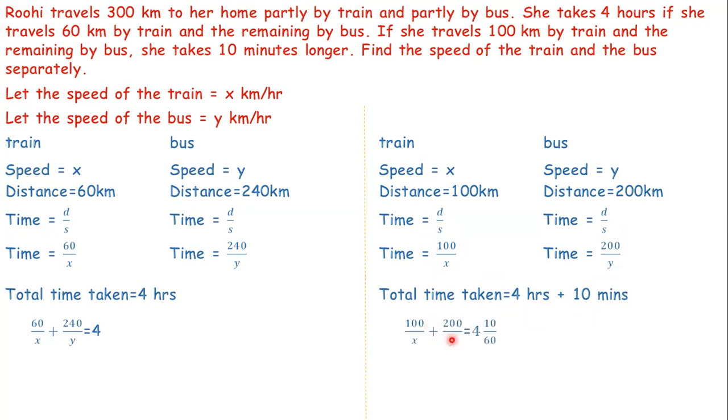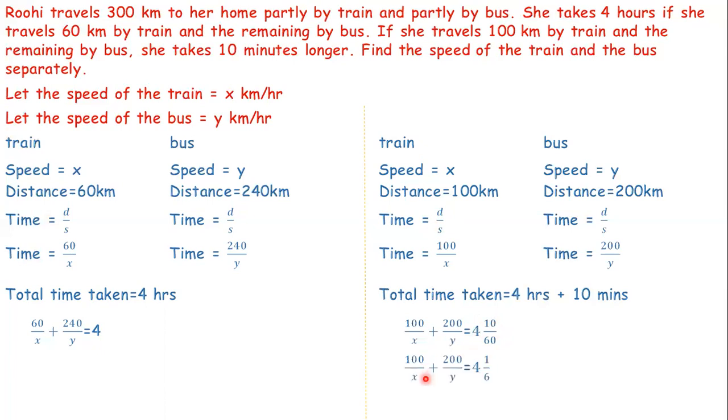That is 100 by x plus 200 by y is equal to 4 and 10 by 60. Convert 10 minutes to hours. 1 hour is 60 minutes. So 10 minutes is equal to 10 by 60 hours. The time taken is 4 and 10 by 60.